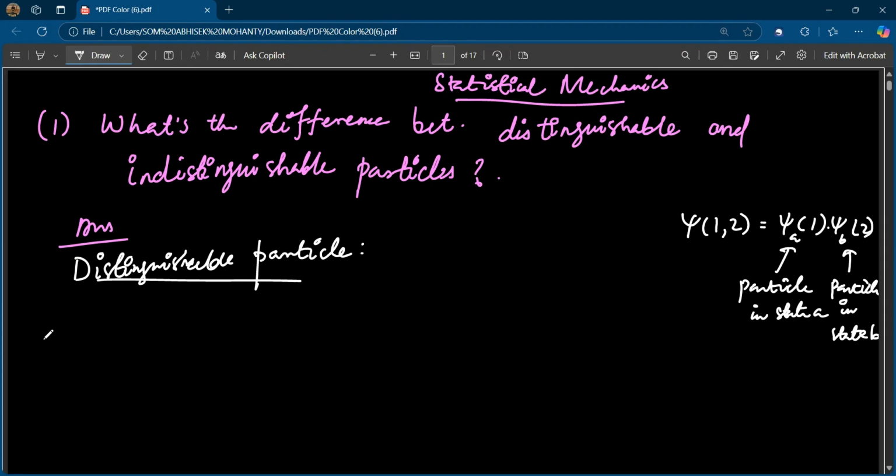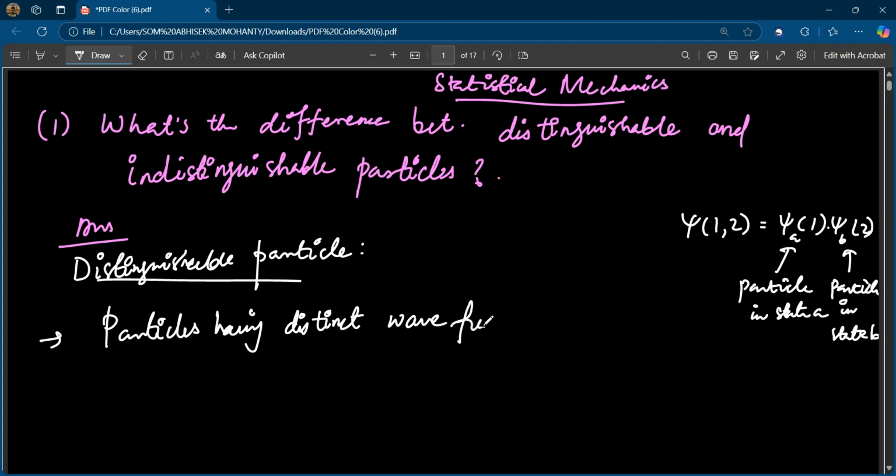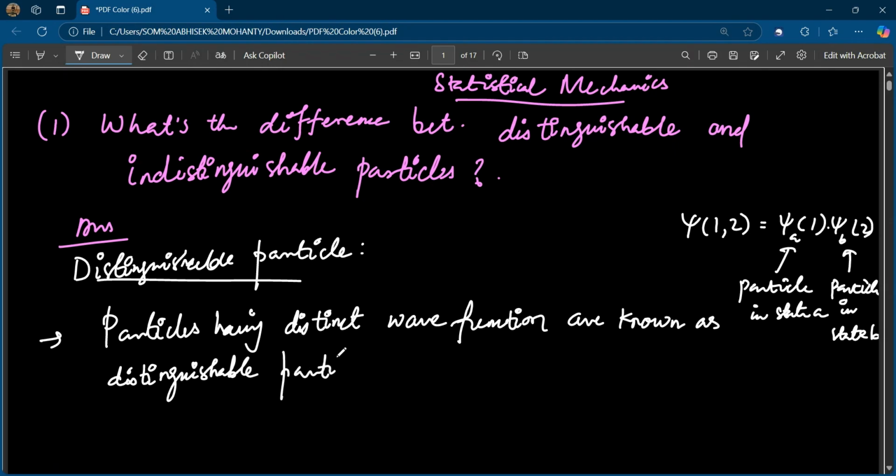Let's write it down. Particles having distinct wave functions are known as distinguishable particles.